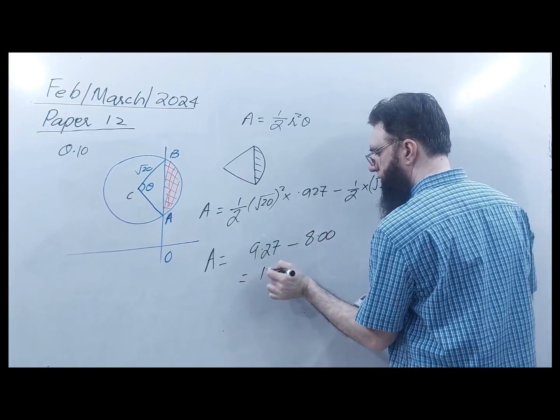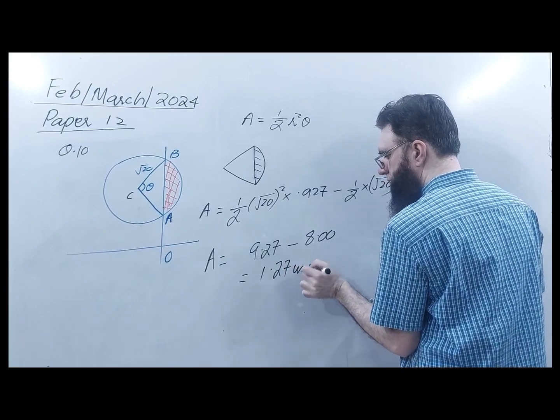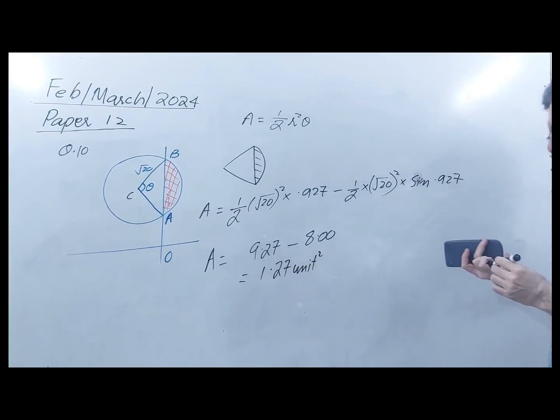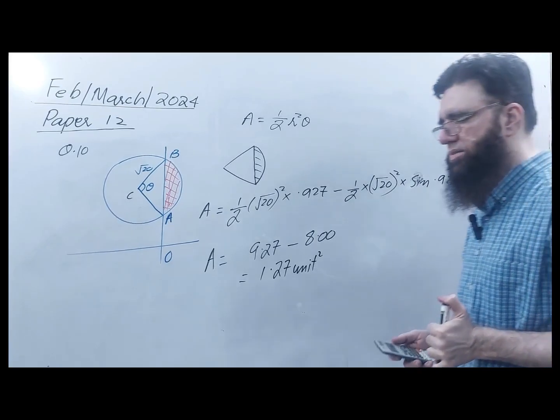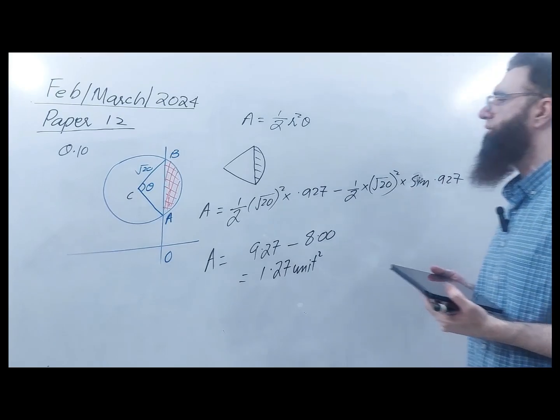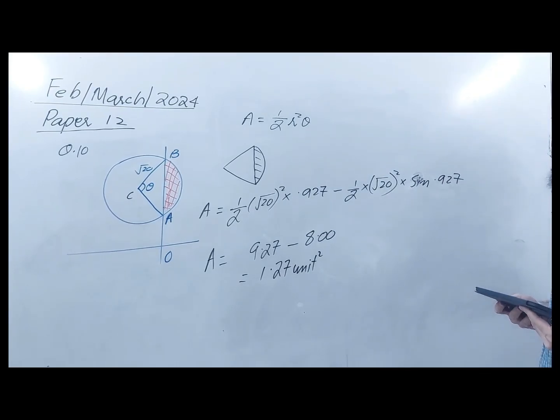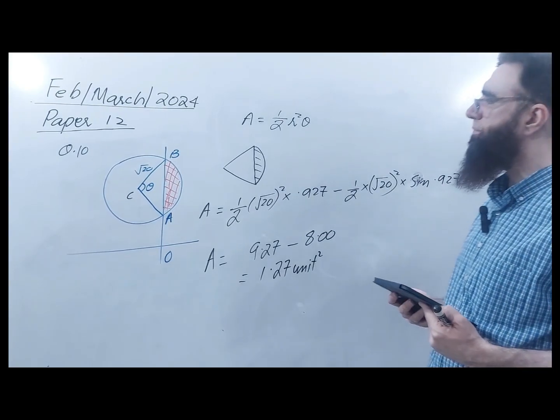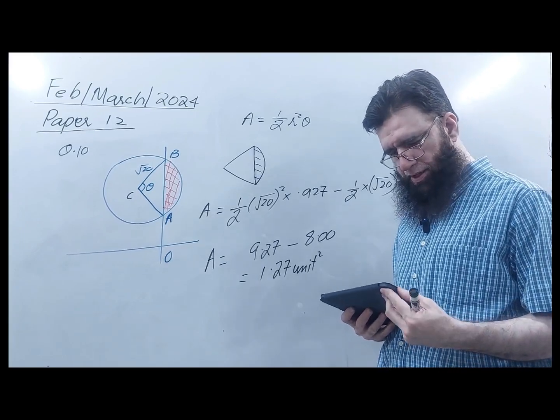So what I get is 1.27 units square. That's the area of this particular region. I missed it, I didn't read it, we also have to find the area as well. So this is it for question number 10. I hope we have done all the parts. Let me check.